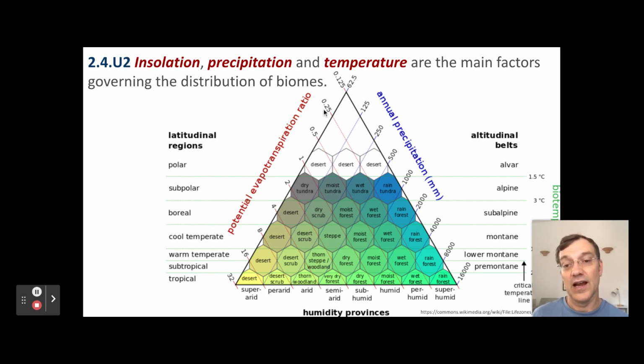And then along the left side, we have the evapotranspiration ratio, kind of how much water is lost to evaporation and transpiration. Here along the left side, where we have very low humidity levels, all desert. And over on the far right, where we have very high humidity levels, rainforest, rainforest, rainforest, rainforest, rain tundra, right? So high humidity tends to correspond with high levels of precipitation.